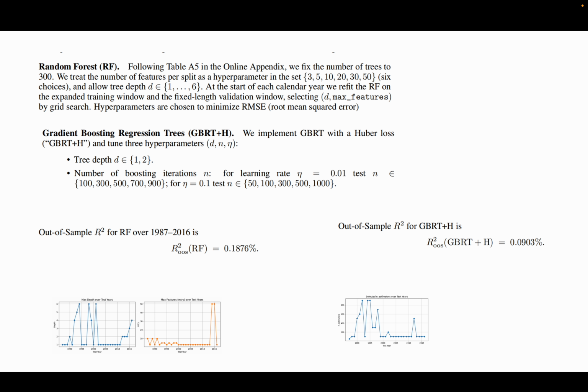Through the training, validation, and testing process, we get the out-of-sample R² for RF of 0.1876%, and the R² for GBRT plus Huber loss is 0.09%. These two figures are a little bit smaller than the original paper, but relatively reasonable for this data. These three pictures show how the hyperparameters change through each year.